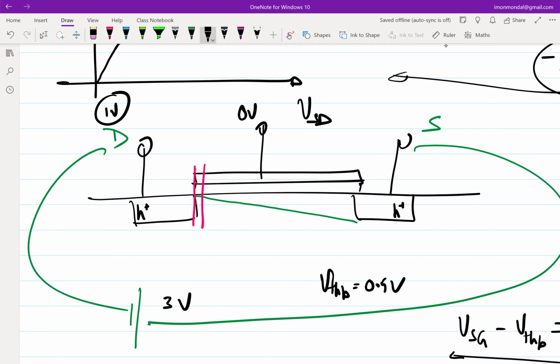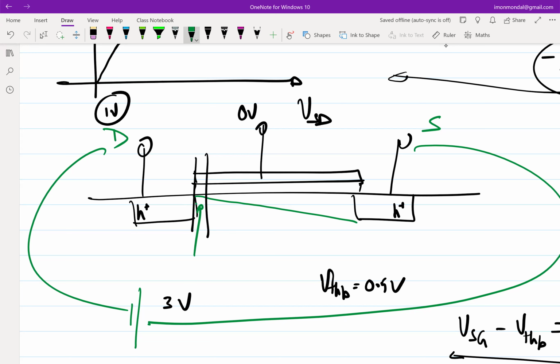Okay. So can you comment on the difference when we have connected it like whatever I have shown here? Do we have mobile charges in the channel? We have, because when I say in the channel, in this context, I mean just at the drain junction.